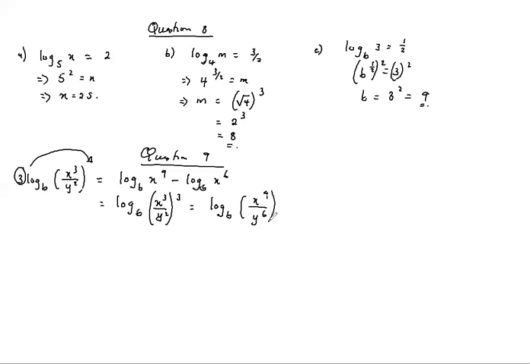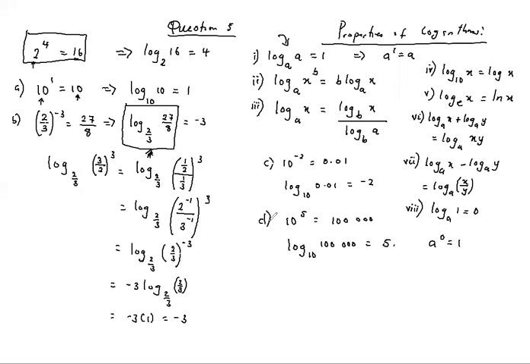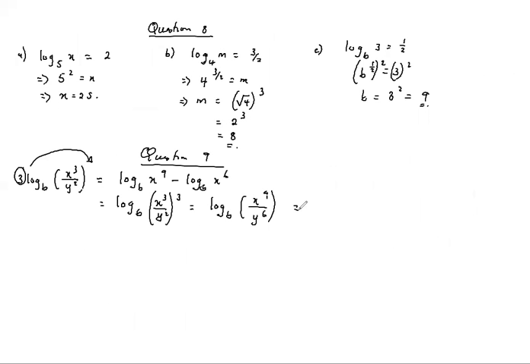And remember the properties I gave here, that if you are subtracting, you can write it as a quotient, and if it comes as a quotient, you can write it as a difference. That's where it's coming in to say this is just the same as log_b x^9 minus log_b y^6, like that.